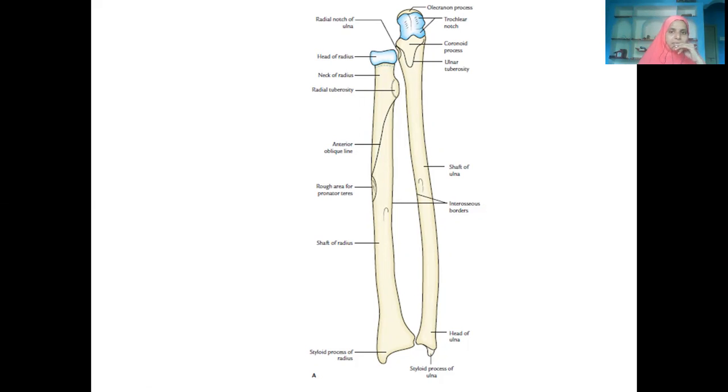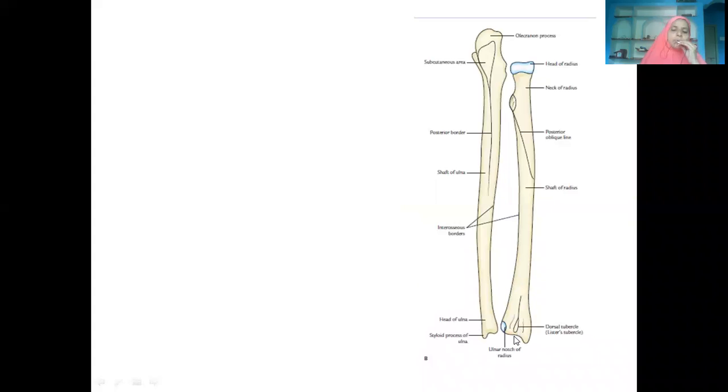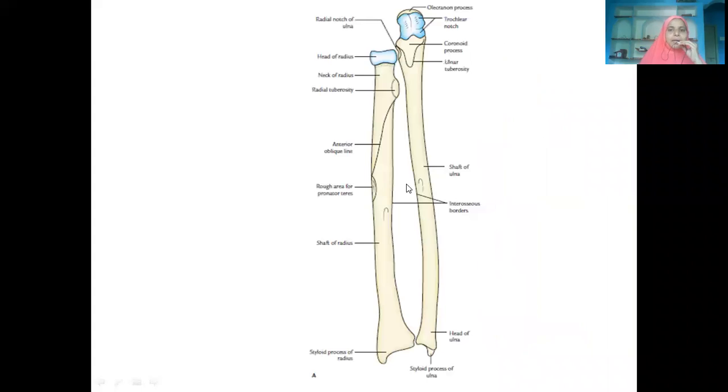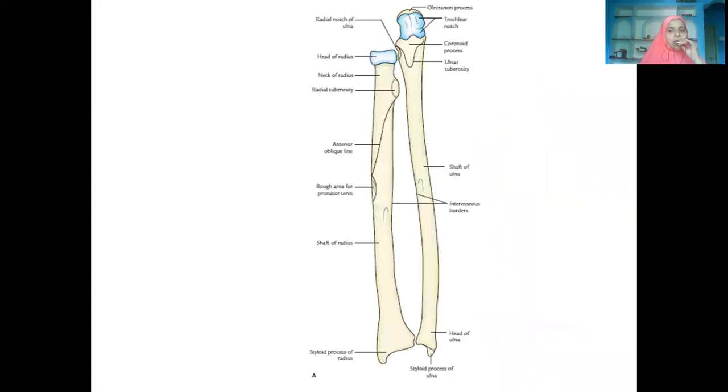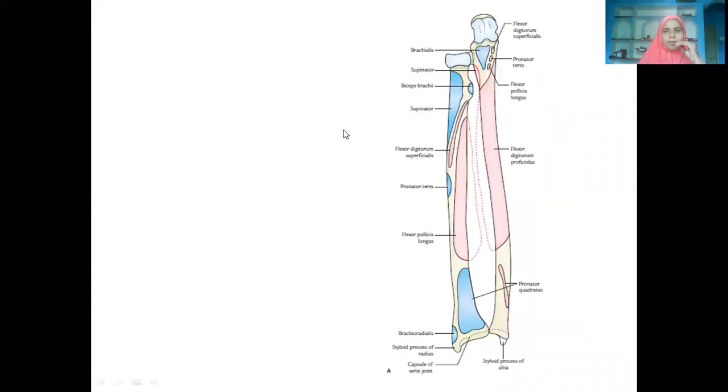You just check for the anterior oblique line, which will face anteriorly. Then check for Lister's tubercle. Obviously, Lister's tubercle will be posterior. Place the bone in such a way that the head is upwards, the radial tuberosity medially, and Lister's tubercle posteriorly. These 3 points are enough for you to determine whether this radius belongs to the right side or left side. Hope you understood that.